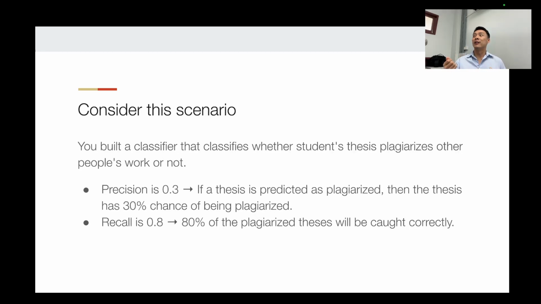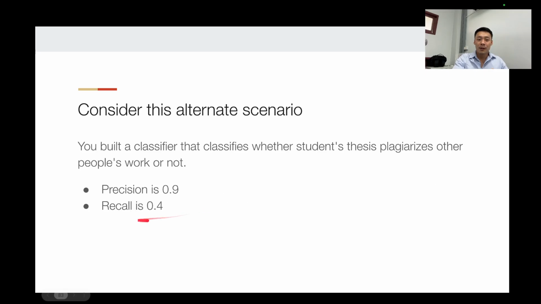You're like, maybe we would not do anything, right? So how you use the system is very different now. It's because this is high recall, but this is high precision, low recall. Which means if the system really flags it, you should do something. But you leave a lot of actual bad theses go, because you don't flag them.